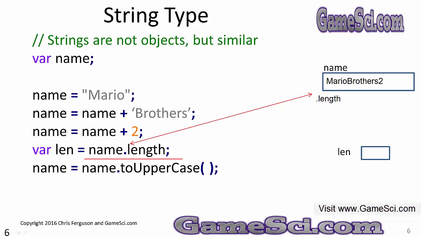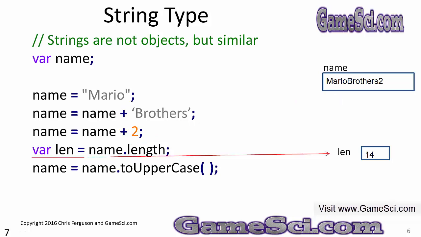And what the length property does for a string variable is return how many characters. And if you go up here and count, Mario Brothers has a total of 14 characters in it. So the length property told me Mario Brothers has 14 in it, and I assigned it to the variable len. That tells me how many characters were stored in Mario Brothers 2.